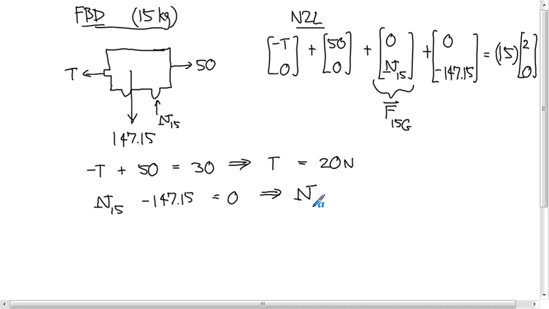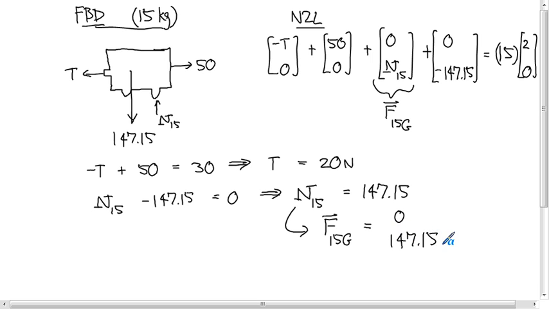So N15 is equal to 147.15. And so now that we have this value, we can plug it back into the vector, and we get that the force on the 15 by the ground is equal to 0, 147.15.